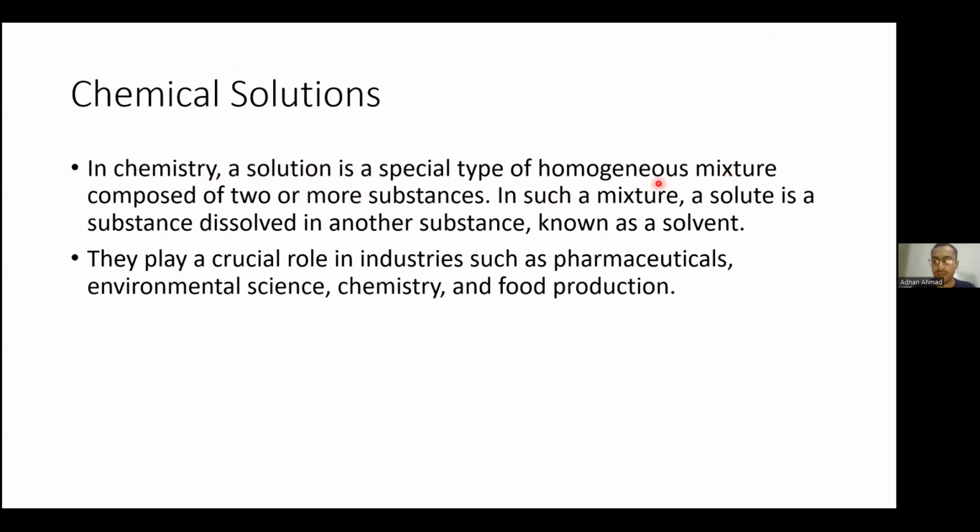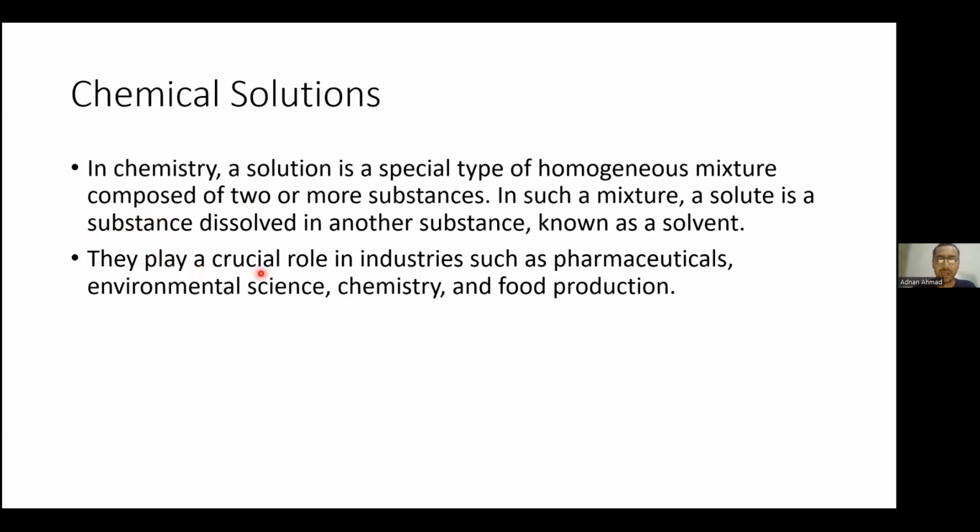Remember this. In such a mixture, a solution is a substance dissolved in another substance known as a solvent. So whenever we add a solute into a solvent, we get a solution. And remember this, that solute will be in a smaller quantity, and a solvent will be in a greater quantity.